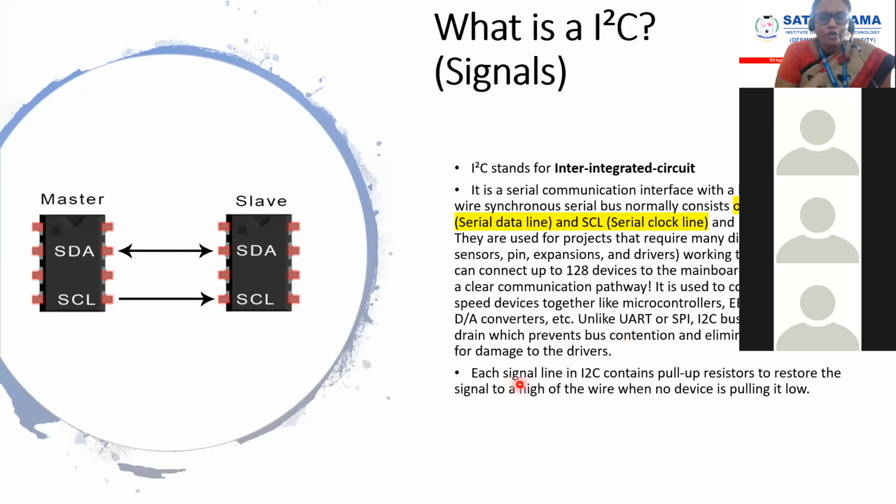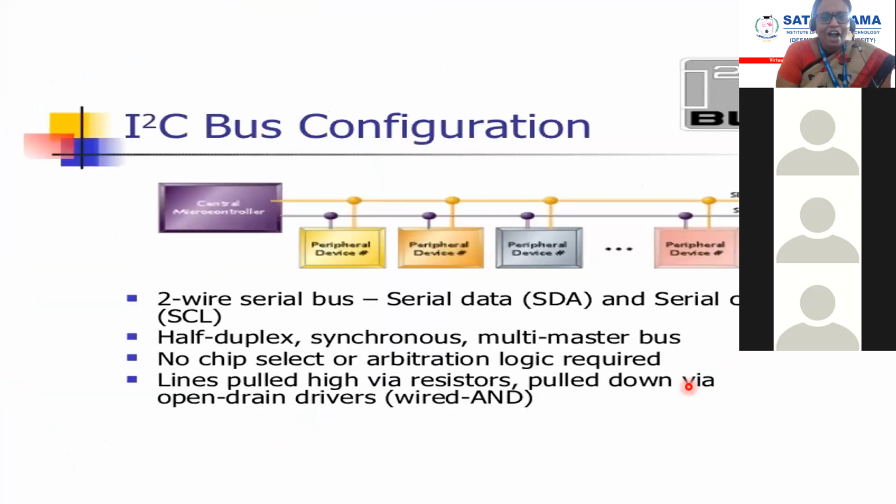Now you have the concept of I2C with pull up resistors. Have you heard the word pull up resistors anywhere? I2C lines use pull up resistors. Where do you hear this pull up resistor?